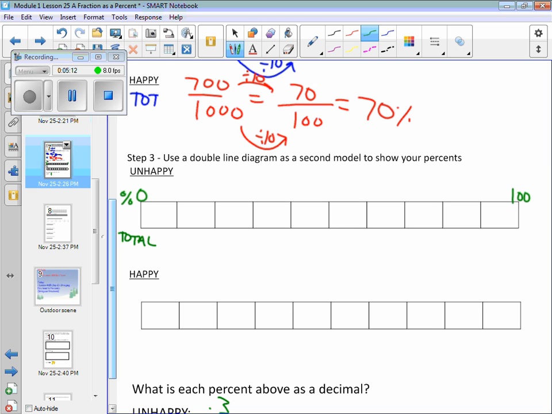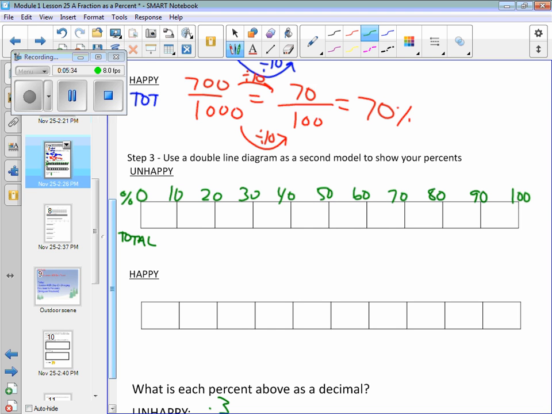Since it's being broken up 10 ways, we have to count by how many with each segment? 10. Joel. Okay, 10. That's what I'm going to do. And that works out evenly.